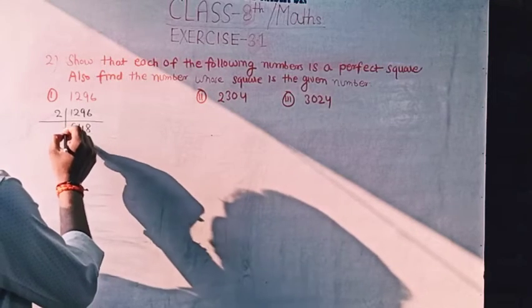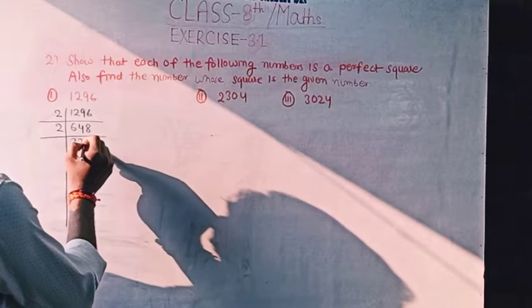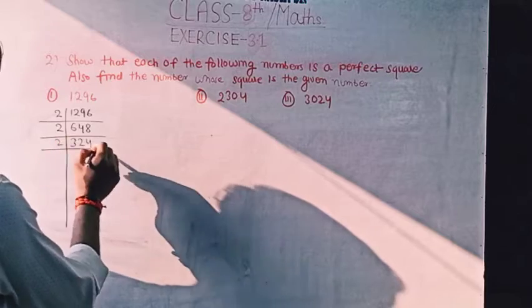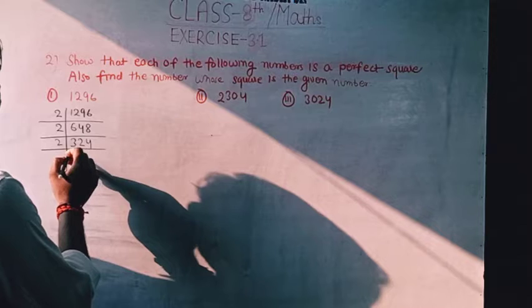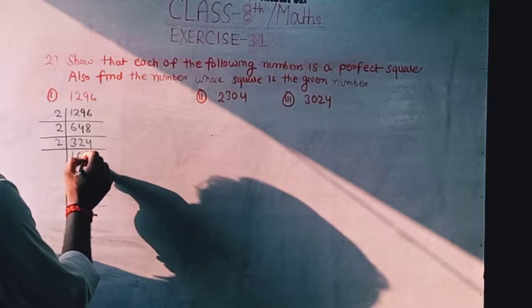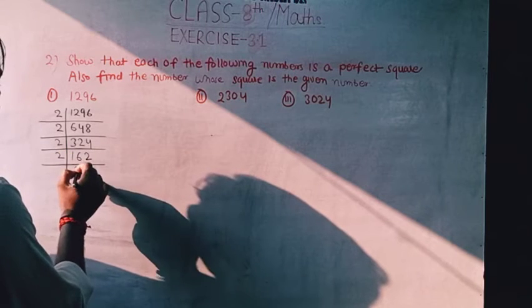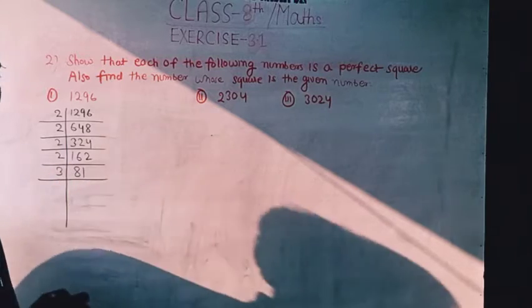And again 648 is divided by 2. 2 3 ja 6, 2 2 ja 4, 2 4 ja 8. 324 again divided by 2. 2 1 ja 2, 2 6 ja 12, 2 2 ja 4, and this is divided by 2. 2 8 ja 16, 2 1 ja 2, and 81 is divided by 3.